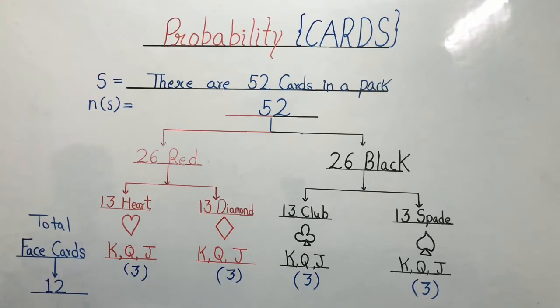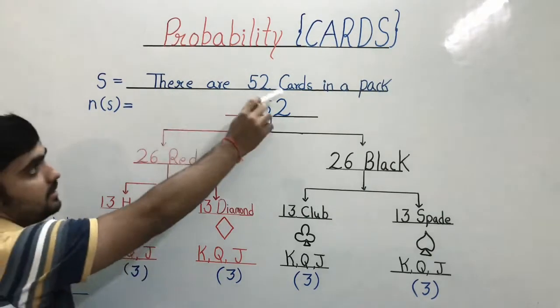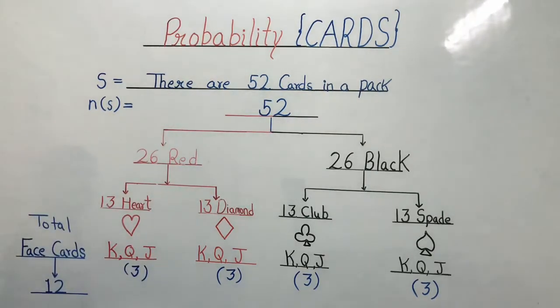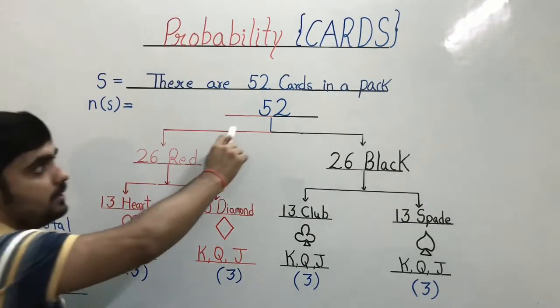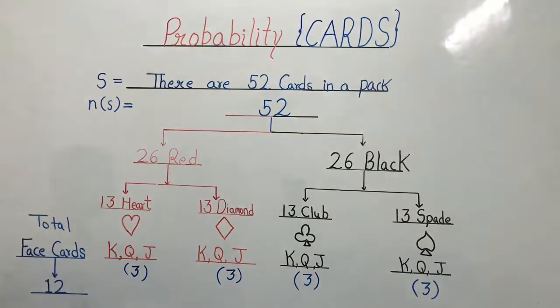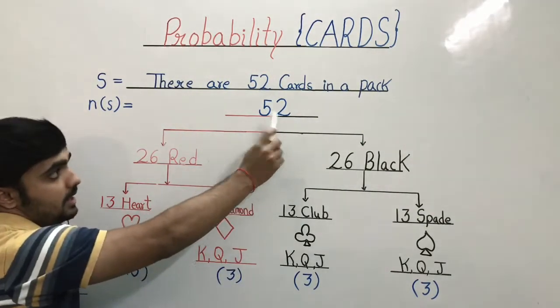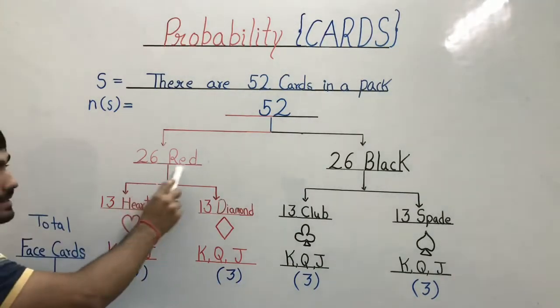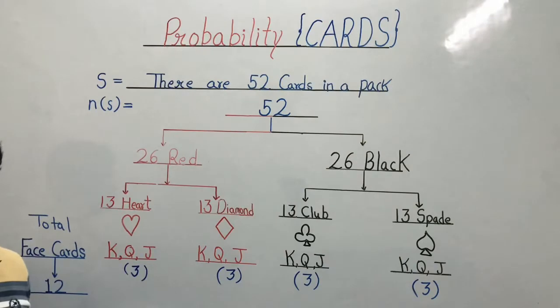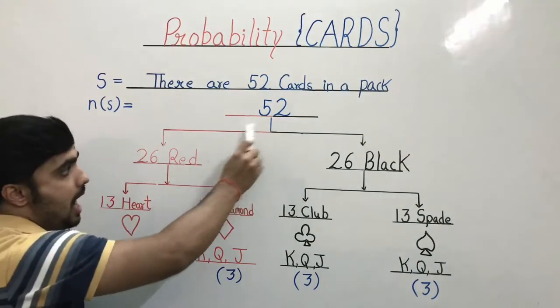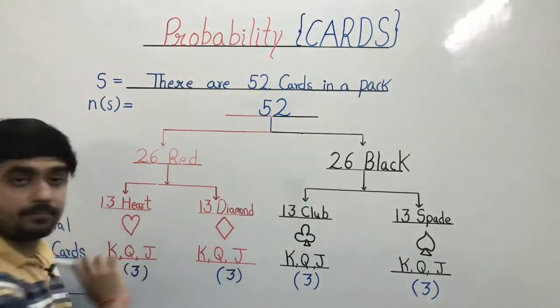First thing you know that sample space consists of 52 cards. The number of S, that is number of sample points in sample space, will be 52. Next, these 52 cards are distributed like 26 red cards and 26 black cards. Out of 52, half are red cards and half are black cards.